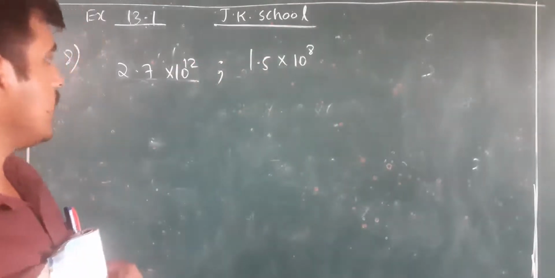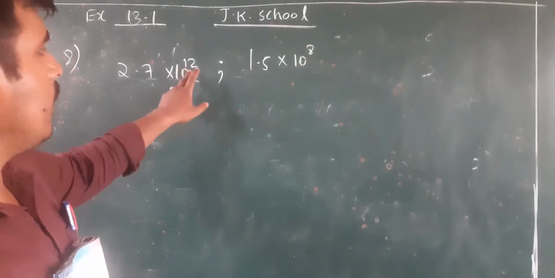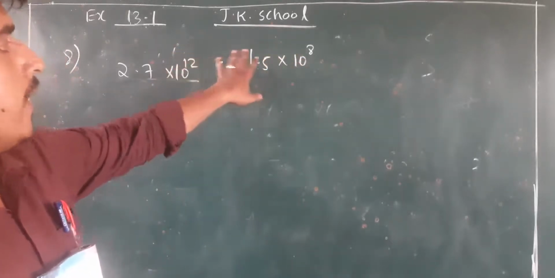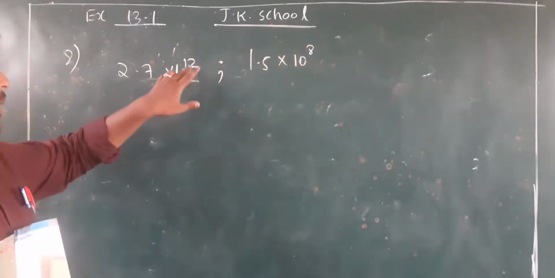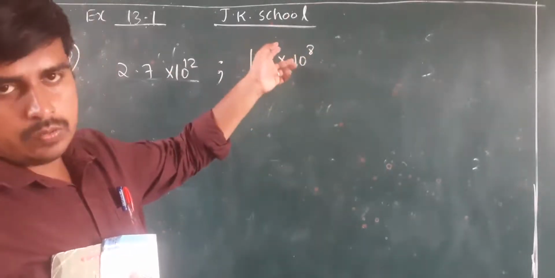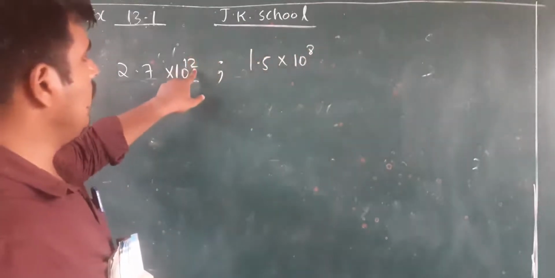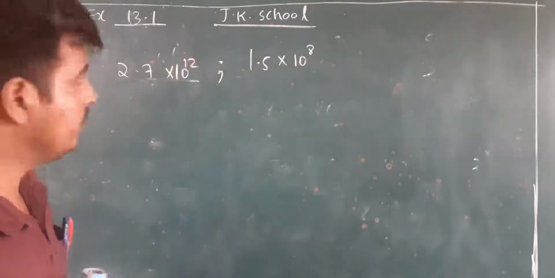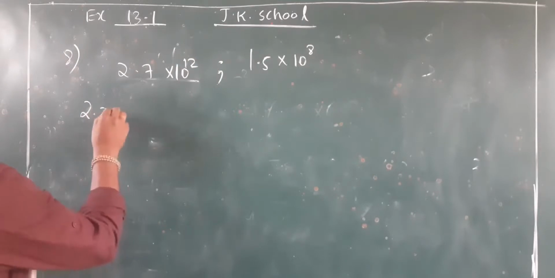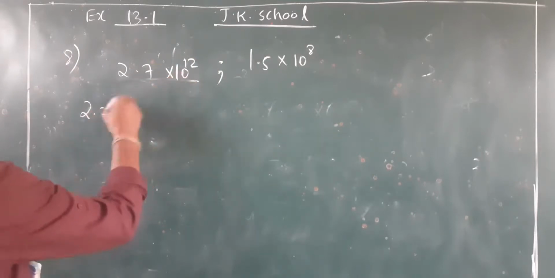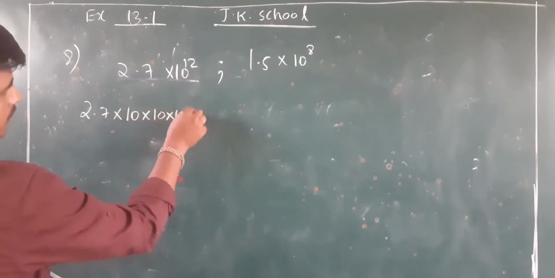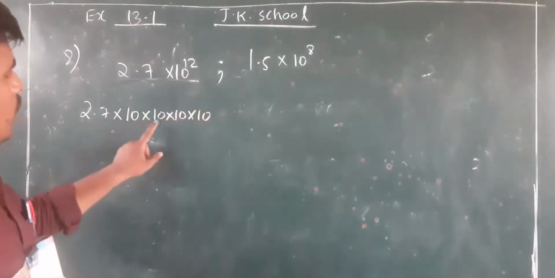So, first thing you keep in your mind, you should equate the powers of the 10, then only you can compare it. Since the power is 12 here, the power is 8 there, I cannot make 8 into 12. So what I will do, I will reduce 8 from 12. So from 2.7, I will take 4 10s outside. 1, 2, 3, 4.